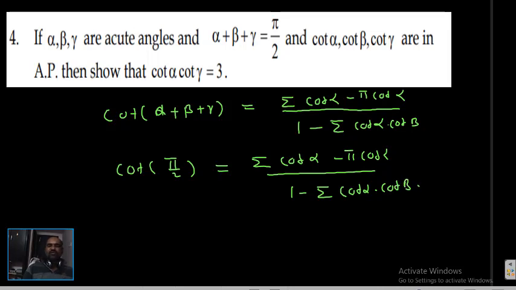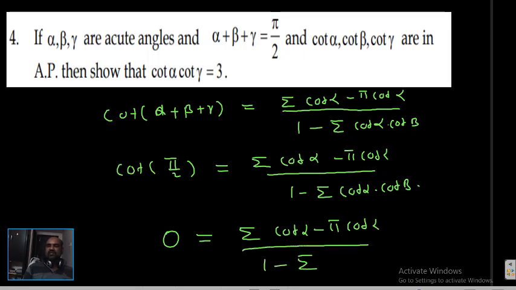Actually cot pi by 2 is 0, Nana. So 0 equals this, so the numerator must be 0.